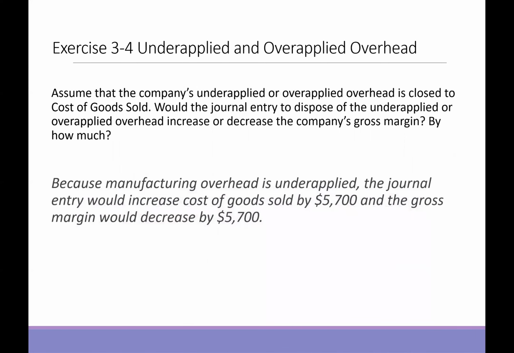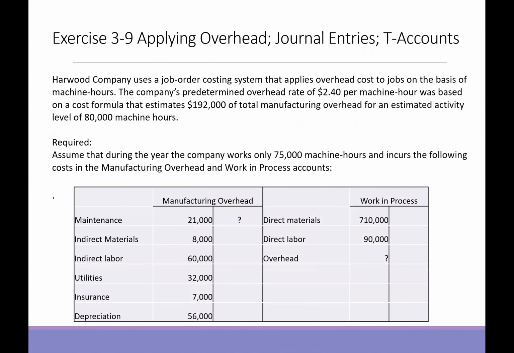Okay. This one shows us Harwood uses a job order costing system with a predetermined rate of $2.40 per machine hour based on $192,000 in cost and estimated 80,000 machine hours. But if the company worked 75,000 machine hours, and had these costs.